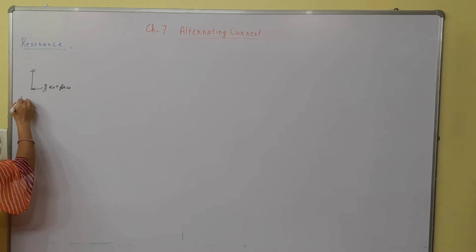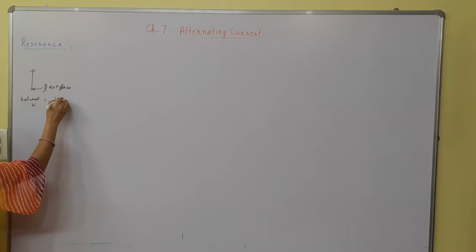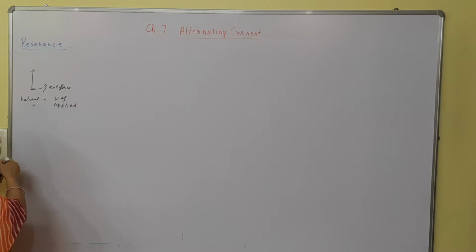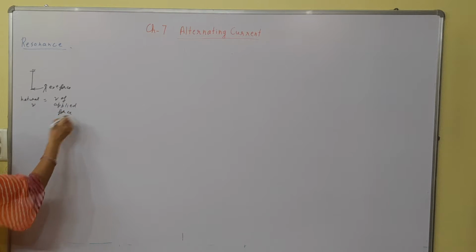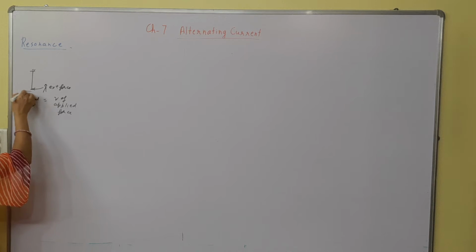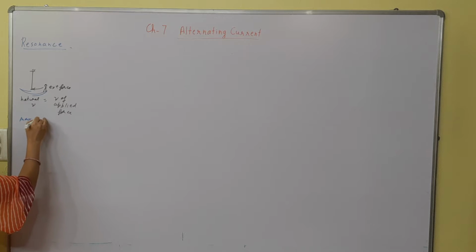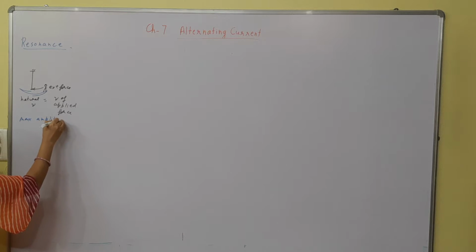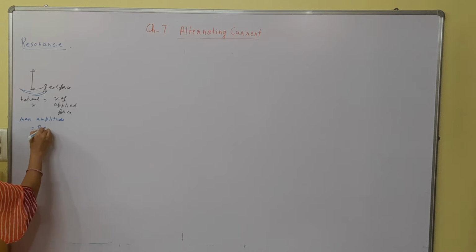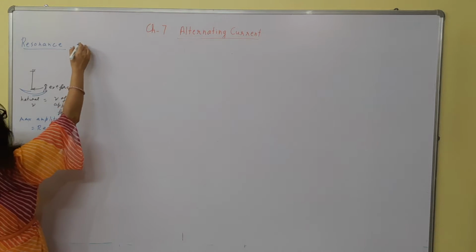So if the natural frequency is equal to the frequency of the applied force, then this swing oscillates with maximum amplitude, and this is called resonance.